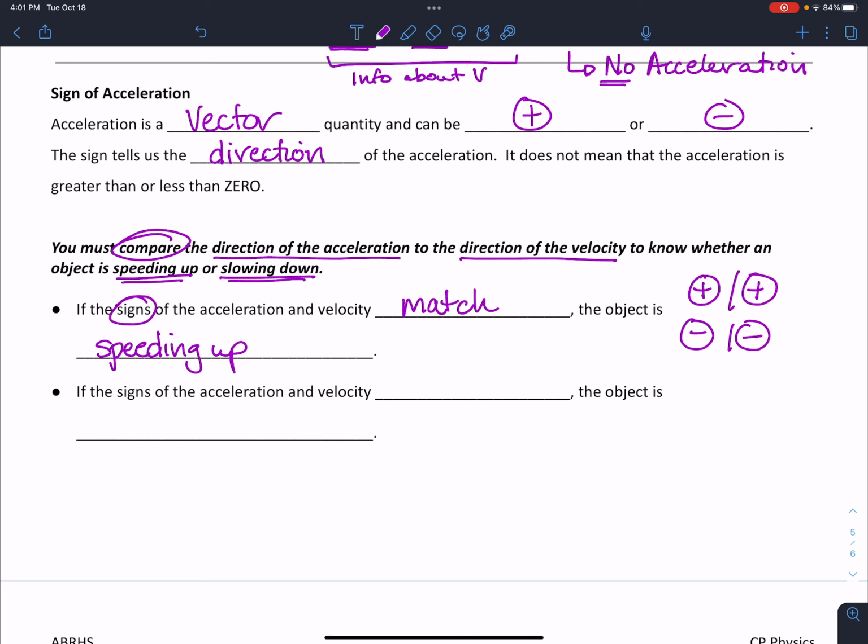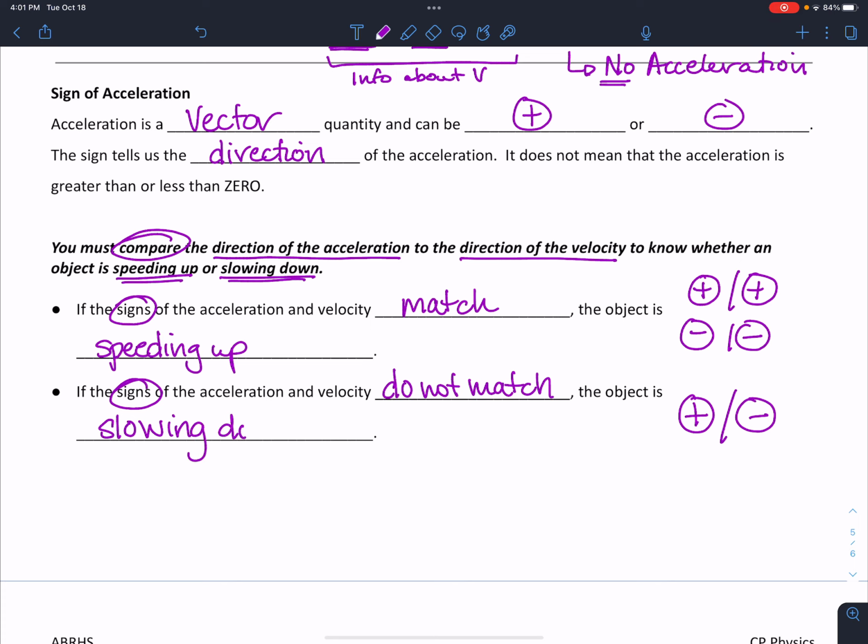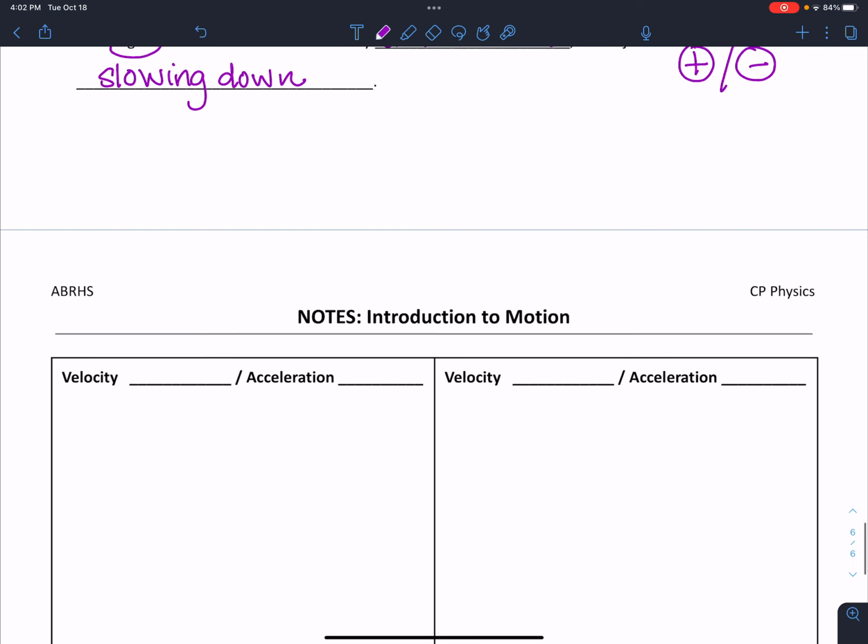If the signs of acceleration and velocity do not match, so in this case one's positive and the other is negative, then the object will be slowing down. So if you're trying to determine whether an object's speeding up or slowing down, I suggest that you look at the signs of your velocity and acceleration values and make that distinction.